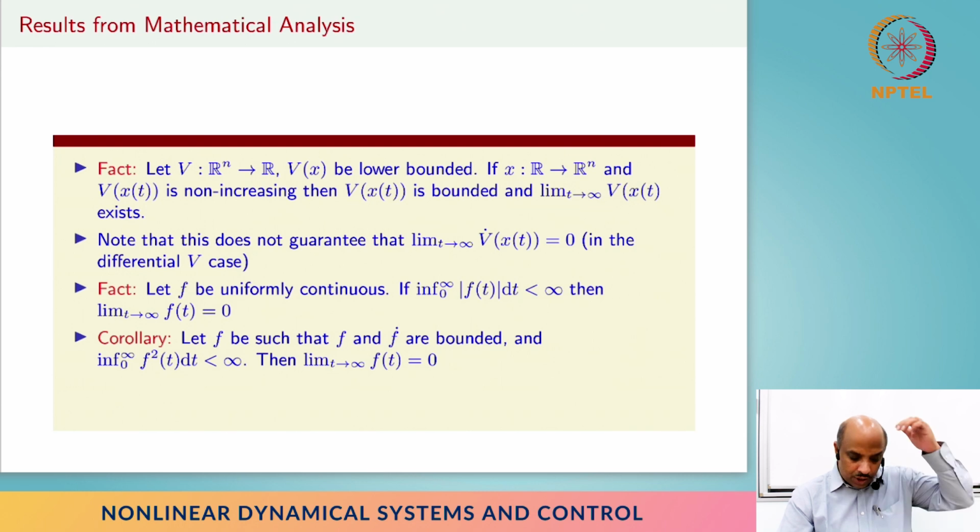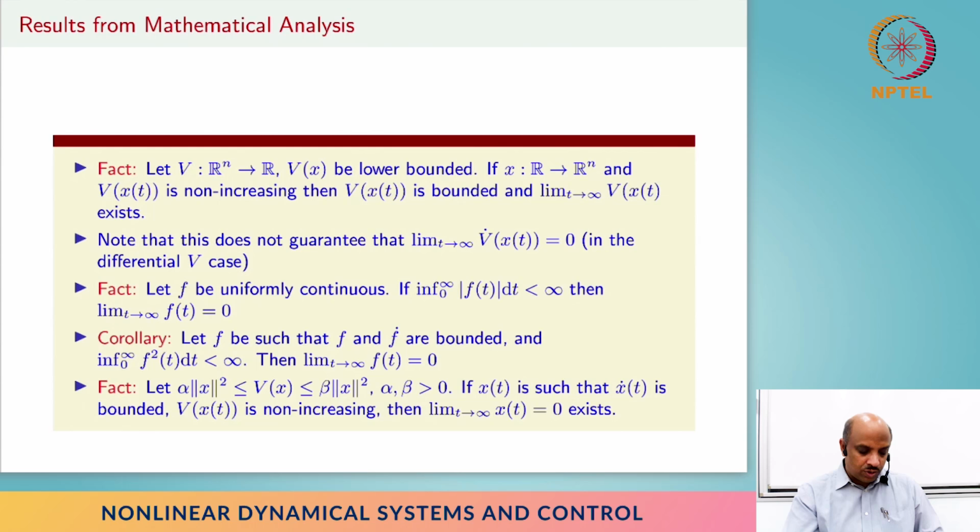So as a corollary to this, which is very important, if f is such that f and f dot are bounded, and again the integral from 0 to infinity of the square of f is less than infinity, then the limit is going to be 0, right? And so what does this mean?